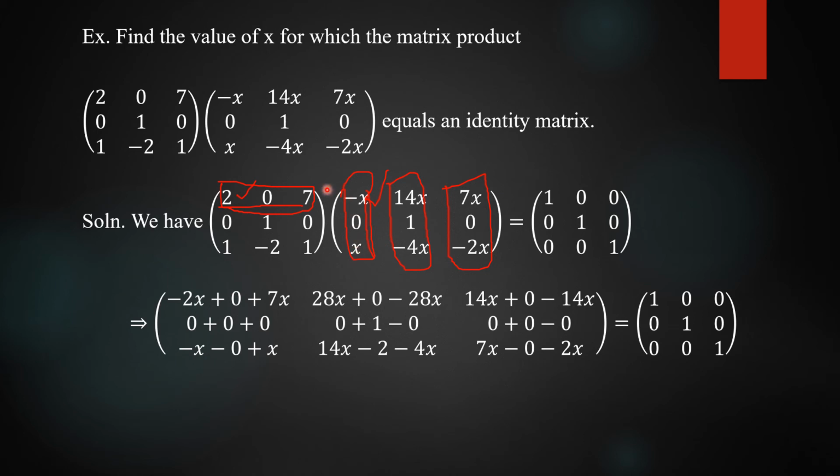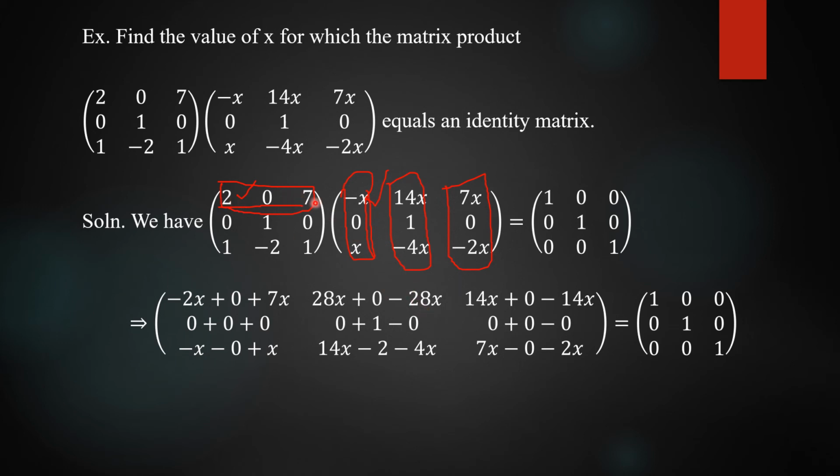Next, again back in the first row, this time you multiply this row in this column. So 2 into 14x is 28x, then 0 into 1 is 0, then 7 into minus 4x is minus 28x.